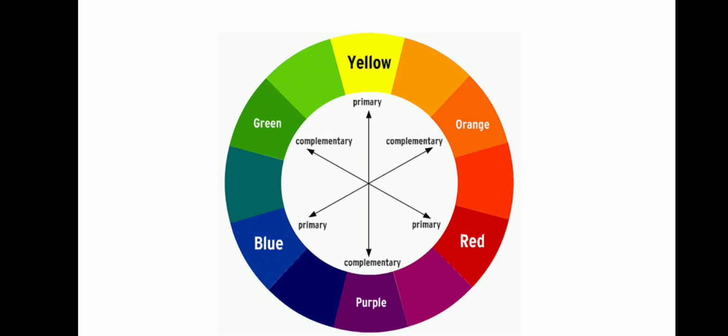Similarly for red, if the substance absorbs all the colors except red, so red is transmitted, then the substance appears green in color. So here the complementary color of red is green.